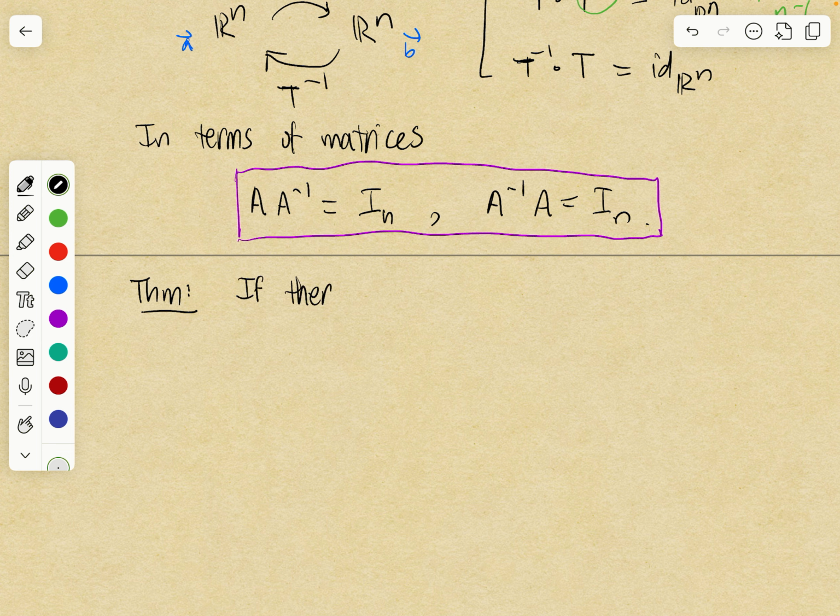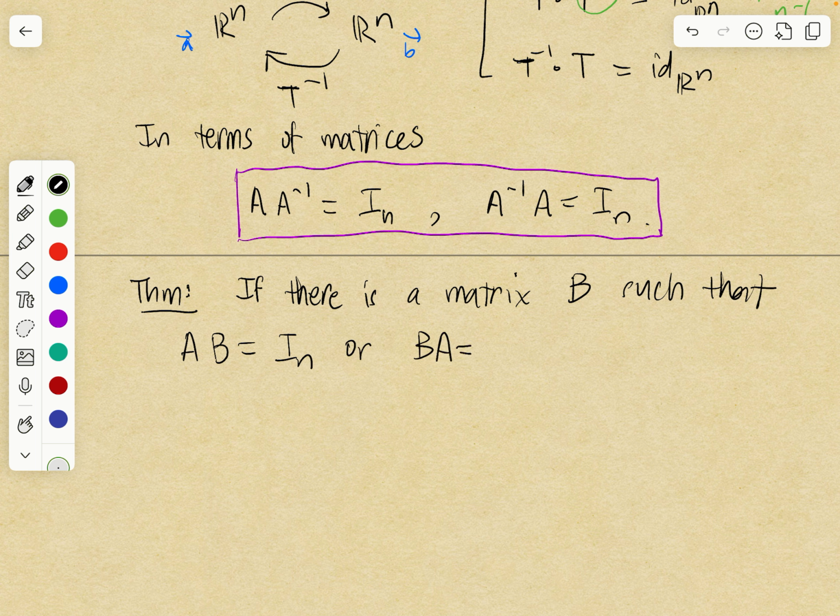If there is a matrix B such that A times B is the n by n identity matrix, or B times A is the identity matrix, then B is the inverse of A. Okay?